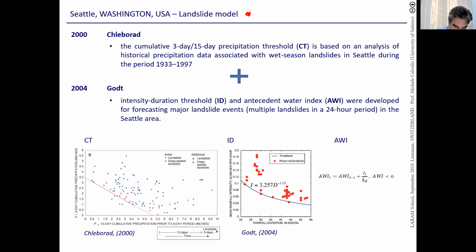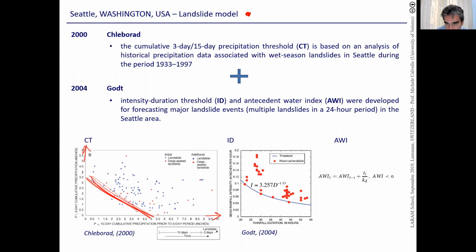So if we look here at the 3-day precipitation and the 15 days precipitations, there is a threshold, and this is one of the 3 criteria. Here I'm showing the database from which they derived the threshold.